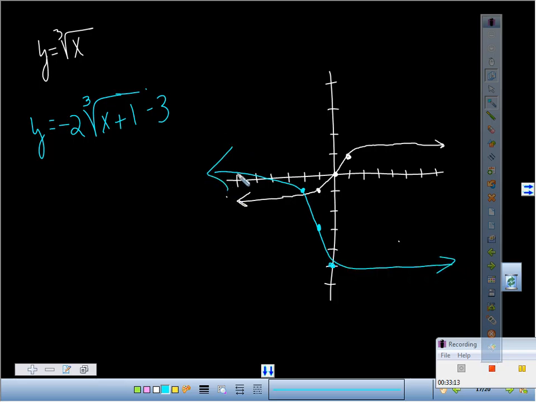Okay, now I'm going to warn you, because some of you are going to have these points on your graph, and you're going to want to do weird stuff like this. Does that curve look in any way like this curve?